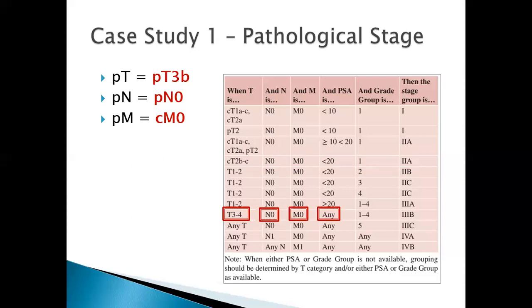It doesn't matter for this T, N, and M what the PSA was. It can be grade 1 through 4, which we had a grade group 1. So our patient stage group is 3B. So once again, use the numerical number 3, capital letter B.